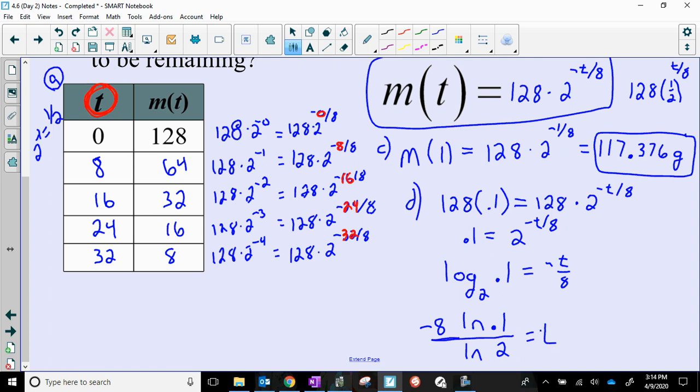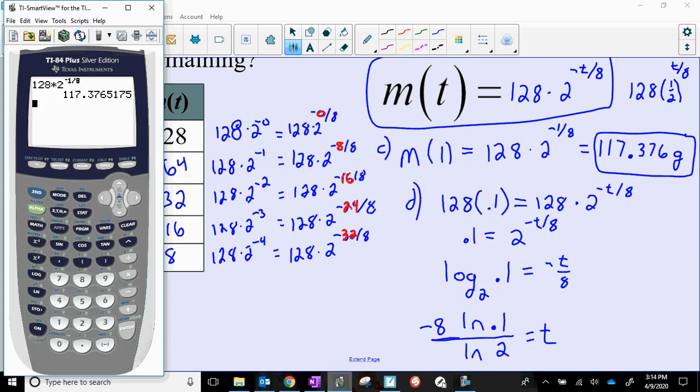And there's my t. So grabbing my calculator, I have -8, the natural log of 1/10, and divide by the natural log of 2.